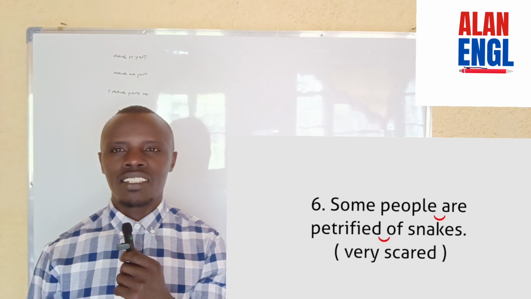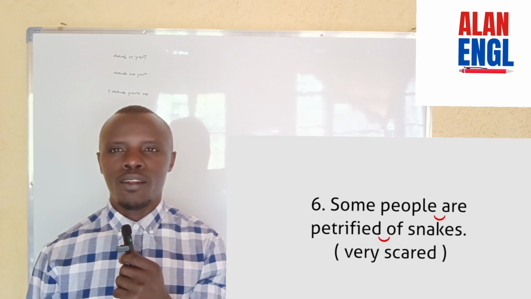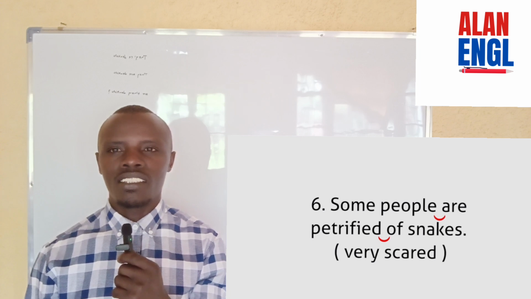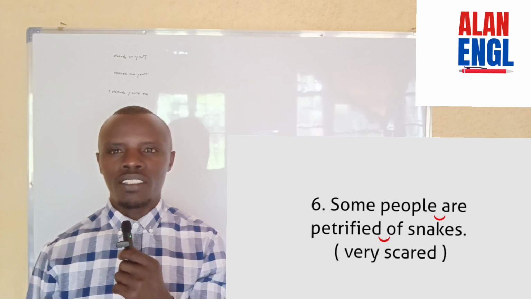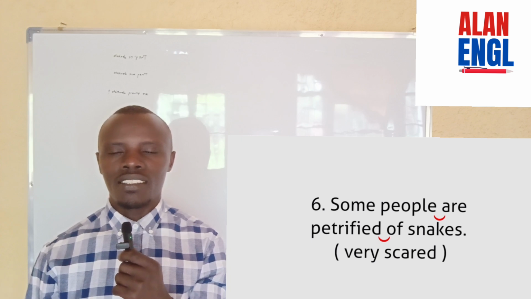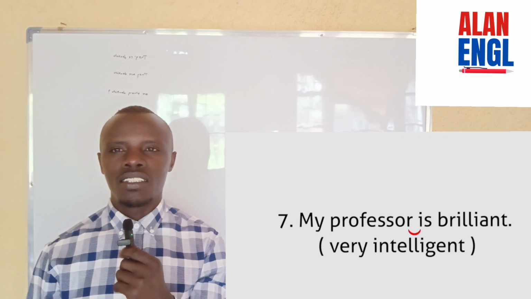Number six, very scared. The advanced word for very scared is petrified. Instead of saying some people are very scared of snakes, you can say some people are petrified of snakes. Number seven, very intelligent.